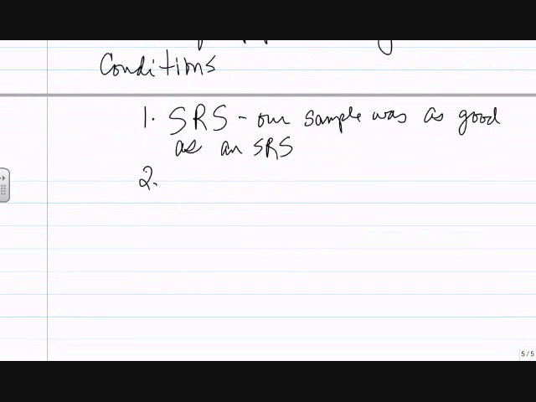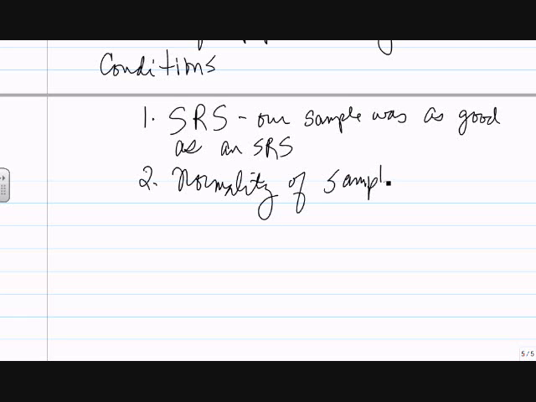All right. Condition number 2 is the sampling distribution needs to be approximately normal. Normality of sampling distribution. How can I prove that I have an approximately normal sampling distribution?